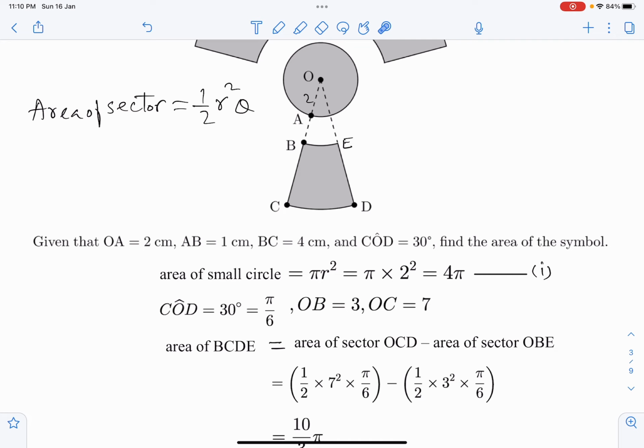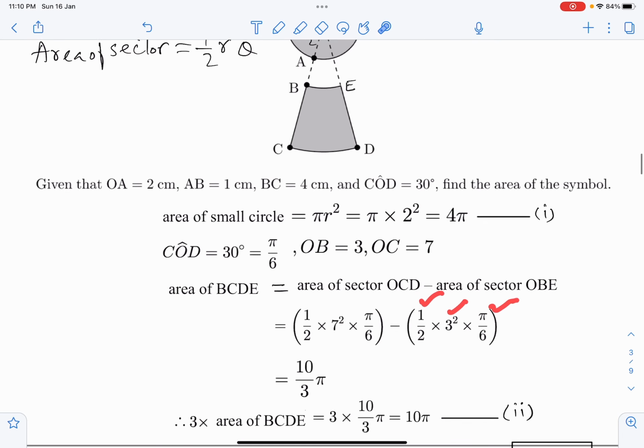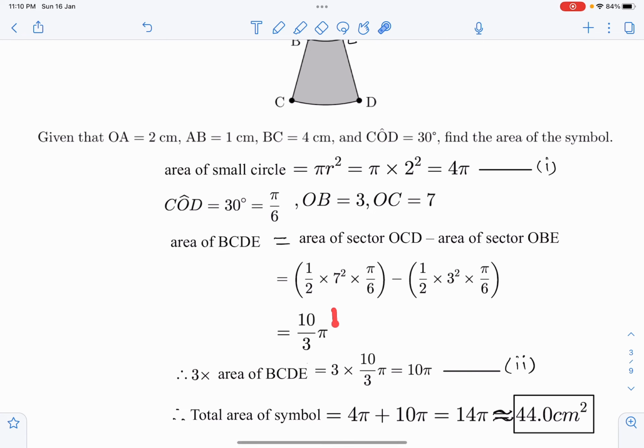Okay then, so look here, half r square theta for the large circle minus half r square theta for the middle circle, which is after the smallest circle. So half into 7 square into pi by 6 minus half into 3 square into pi by 6. After simplifying all these things, I get 10 over 3 pi.